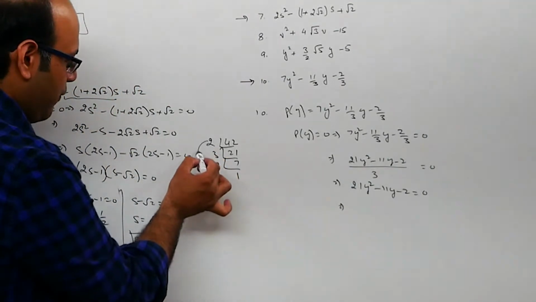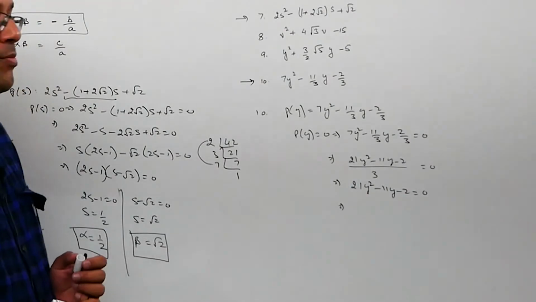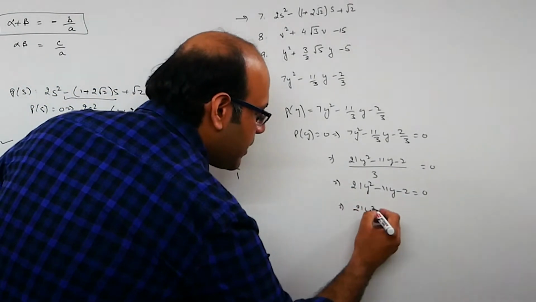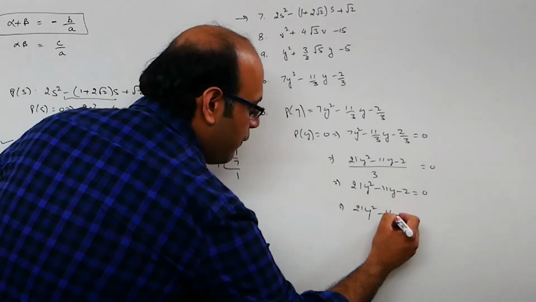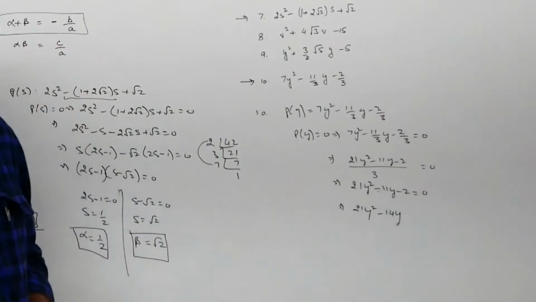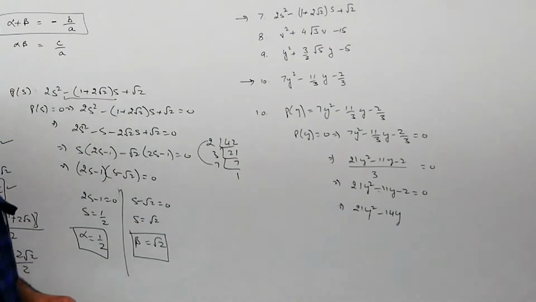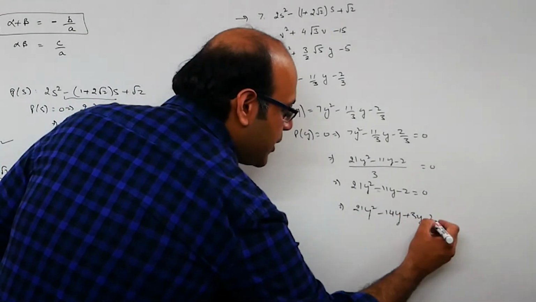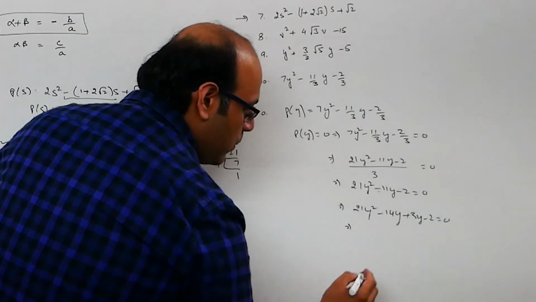So 2 into 7, 14, and 14 minus 3 gives me 11. Excellent. So I'll write 21y square minus 14y, because I need a negative sign over here. So this has to be minus 14 and plus 3 in order to get minus 11, right?